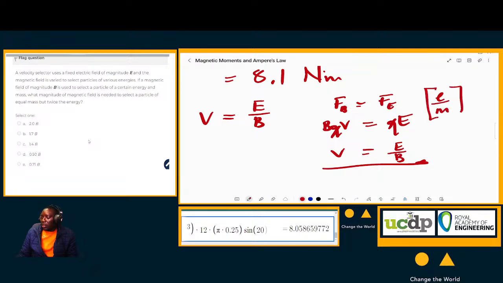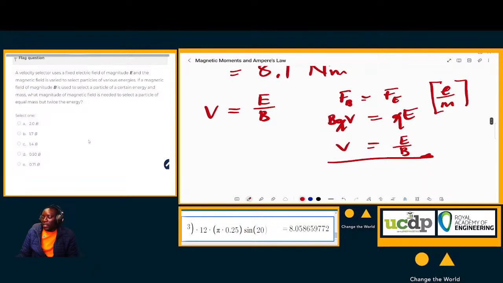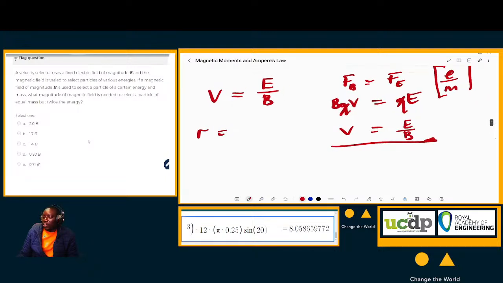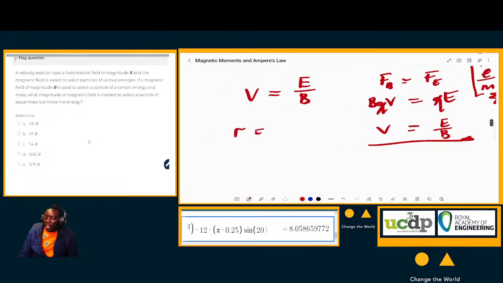So it will act on the charge of a certain mass by giving it a certain force, and that force, in a magnetic field, allows it to describe a circular path, and from the point of entry, at a certain radius r, we'll be able to collect particles of a certain charge to mass ratio. So particles of the same charge to mass ratio will emanate from an outlet of radius r from the point of entry into the field.